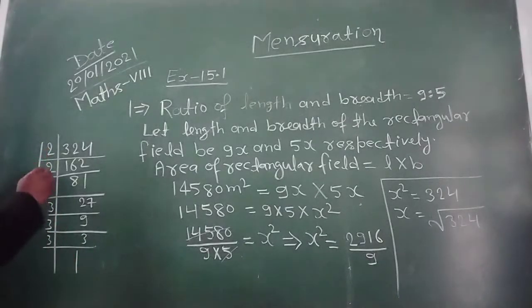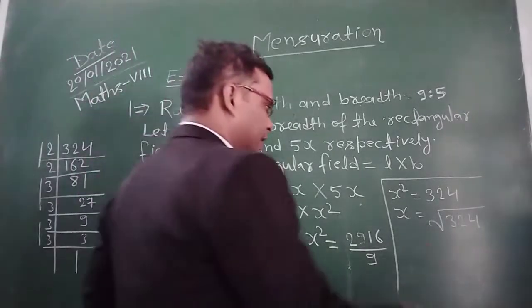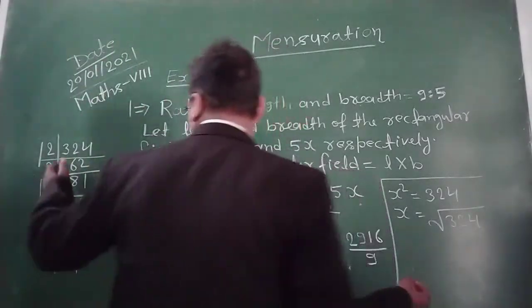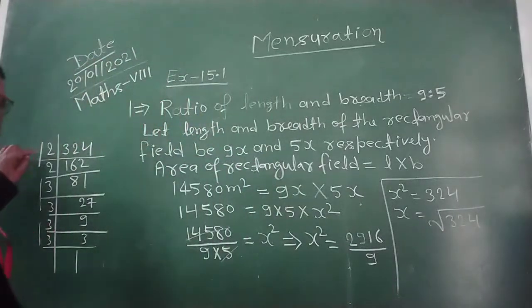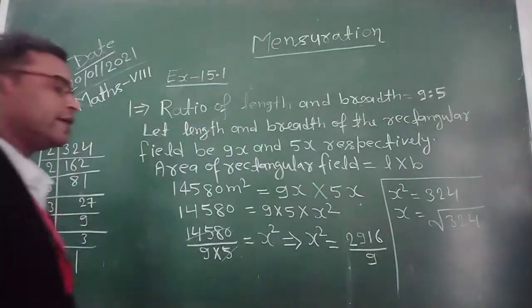So you can see 2, 2, 3, 3, 3, 3. You take one of each pair: 2 into 3 into 3, which is equal to 18.